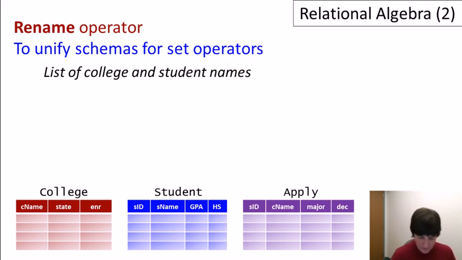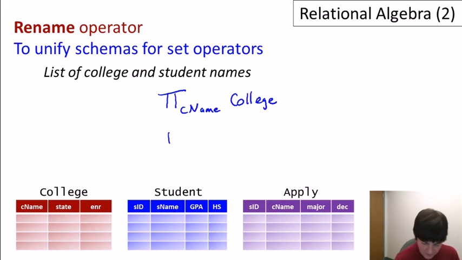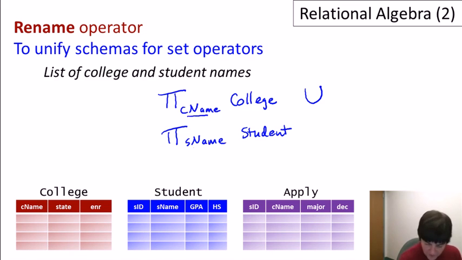So for example, if we're doing the list of college and student names, let me just remind you how we wrote that query. We took the C name from college, and we took the S name from students, and we did the big union of those. Now, to make this technically correct, these two attribute names would have to be the same. So we're just going to apply the rename operator.